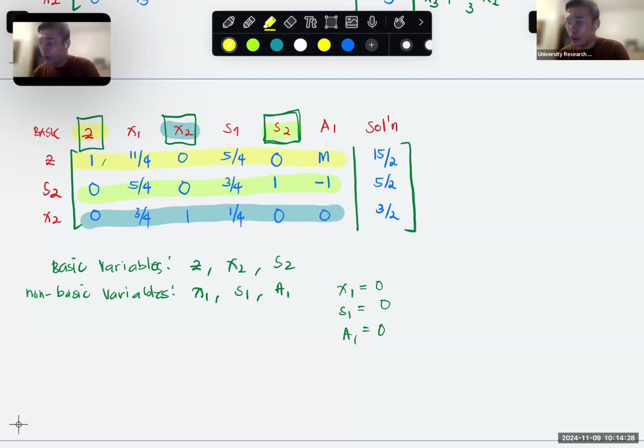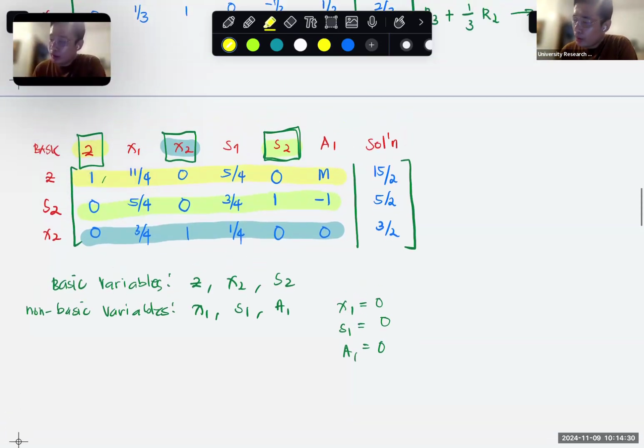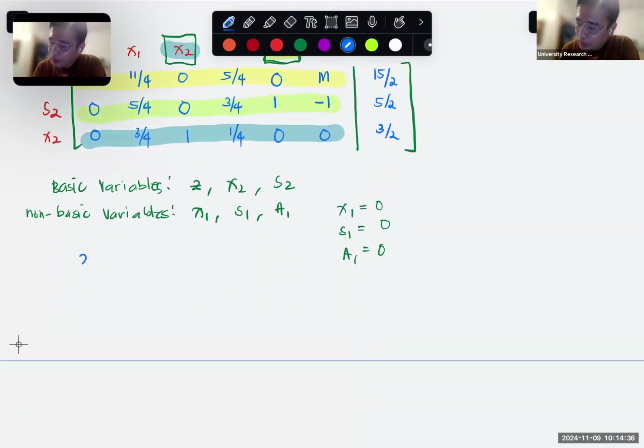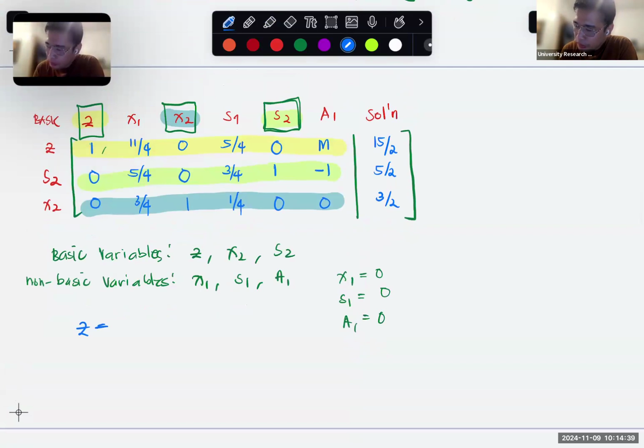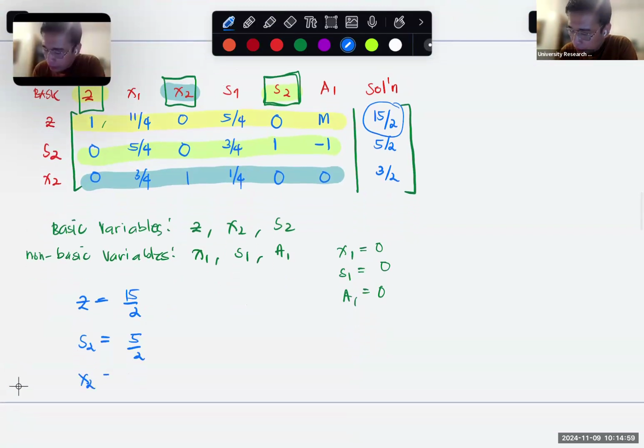As you can see here, what will be our values? Our value for Z is 15 over 2. And what is the value of S2? Our S2, for the second row, is 5 all over 2. And for our X2, which is on the third row, X2 is 3 all over 2.